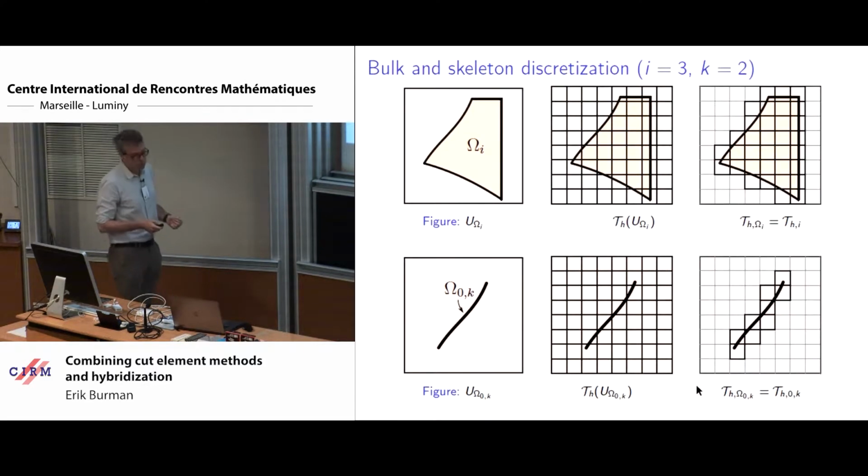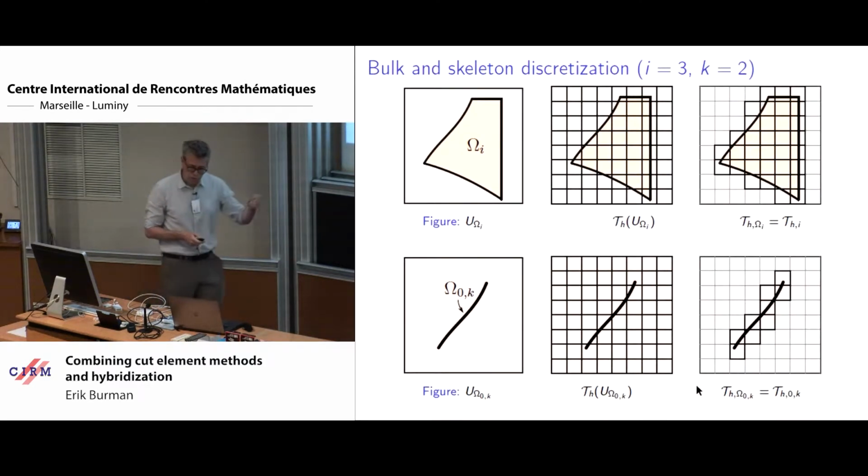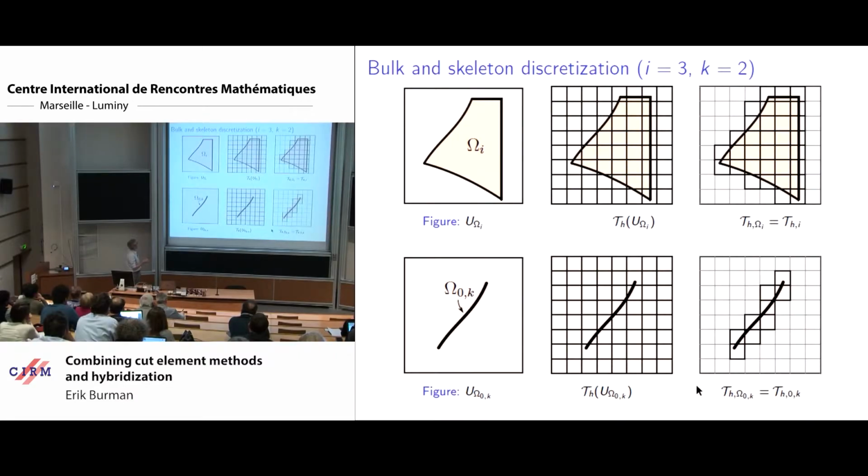So what do we do? Well, we go back to what we knew from the fictitious domain. We take each of these, we plunge them into our global structured mesh. We extract the active cells, the cells that intersect the domain. And similarly, for the skeleton, for the trace, we plunge it into the same mesh and we extract the bulk mesh that is intersected by the trace.